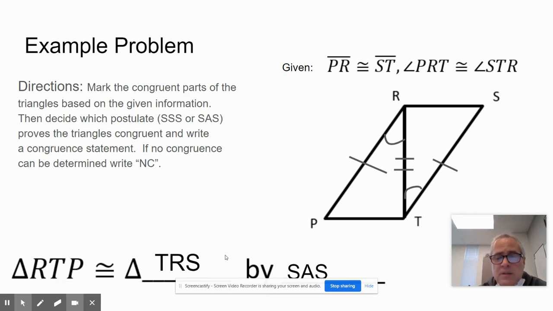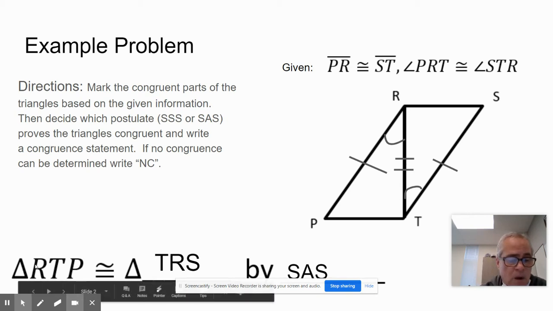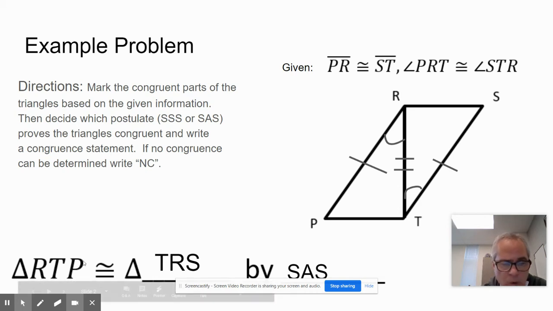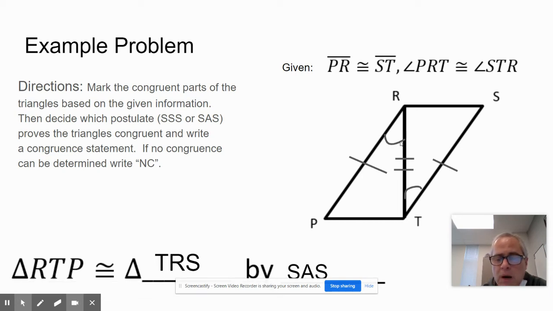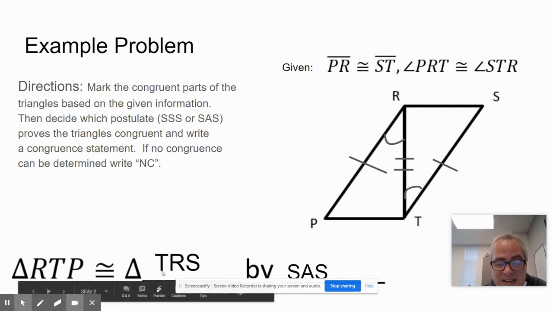Now, another piece that's very critical is that you have the correspondence in order. What that means is this. They gave me RTP. So R has to correspond to the right letter in the other triangle. Well, if I go to RTP, notice that R has an arc mark. That has to correspond to the angle on the right that also has an arc mark. So T has to come first.